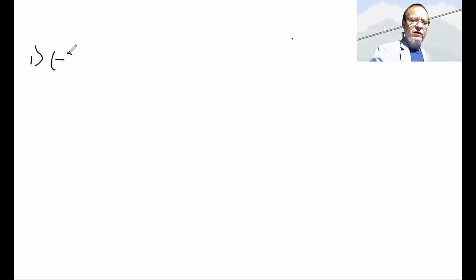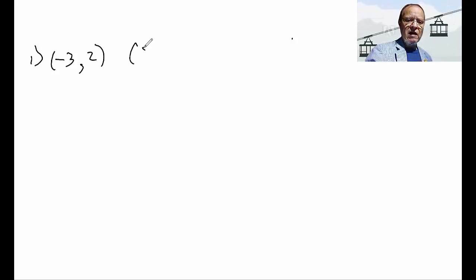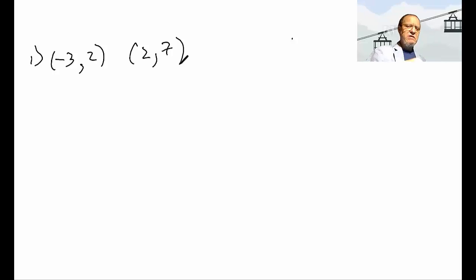The first point, the x part is -3, and the y part is 2. And the other point, x is 2, and y is 7. And we're asked to find the slope of the segment that joins those 2 points.